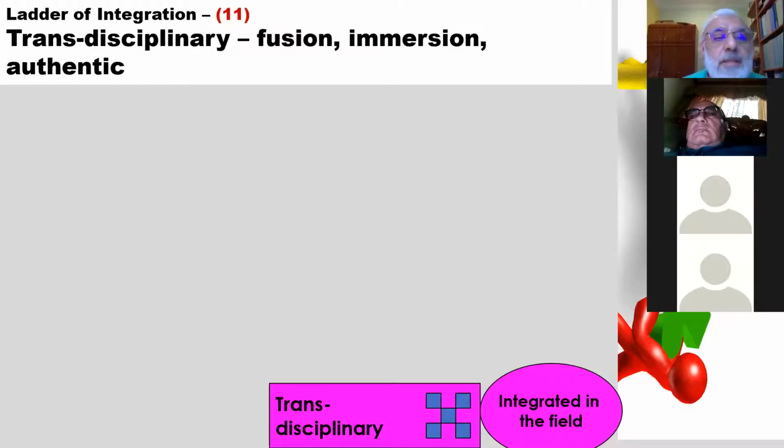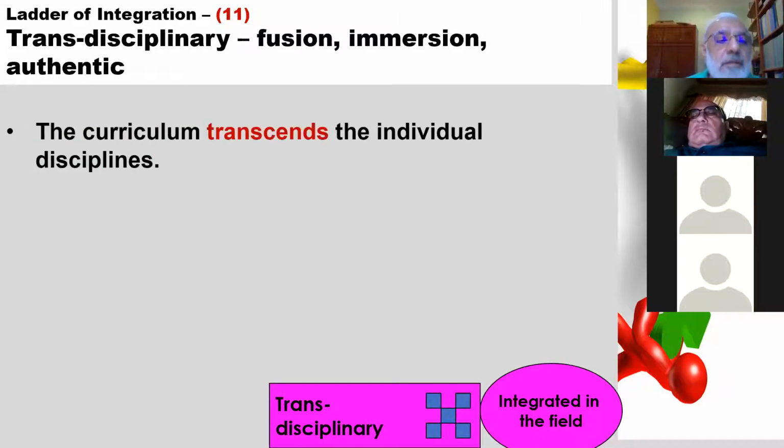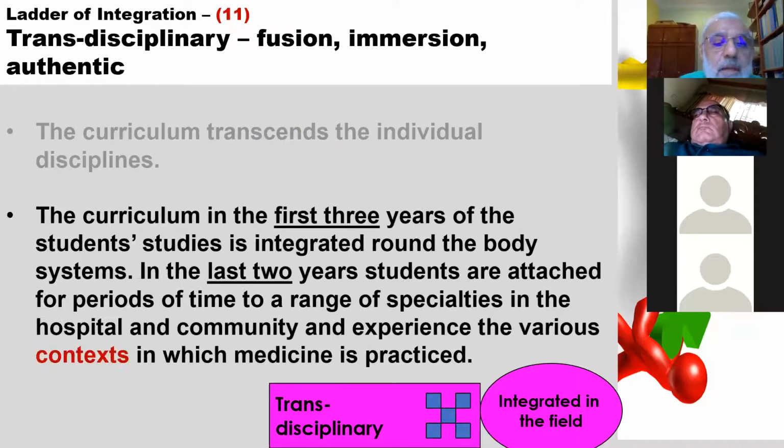Now, the final level, or the 11th level of integration, is transdisciplinary fusion or immersion or authentication. Here, the curriculum transcends the individual disciplines. There is integration in the field. The curriculum in the first 3 years of the students' studies is integrated around the body systems, and in the last 2 years, students are attached for periods of time to a range of specialties in the hospital and community.